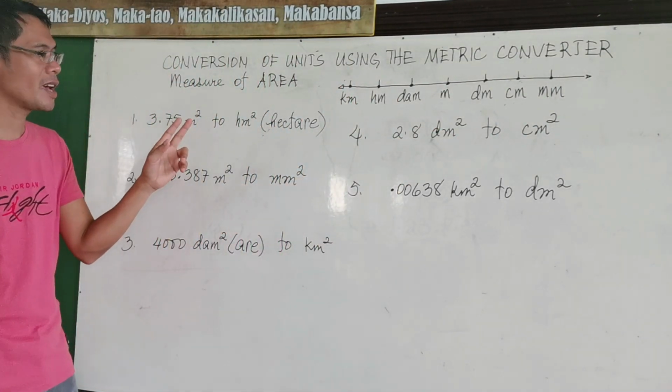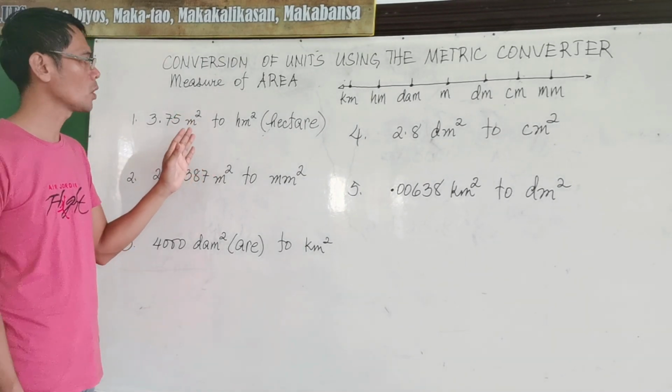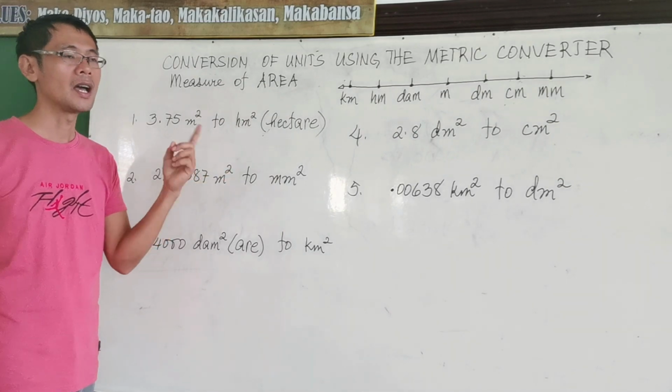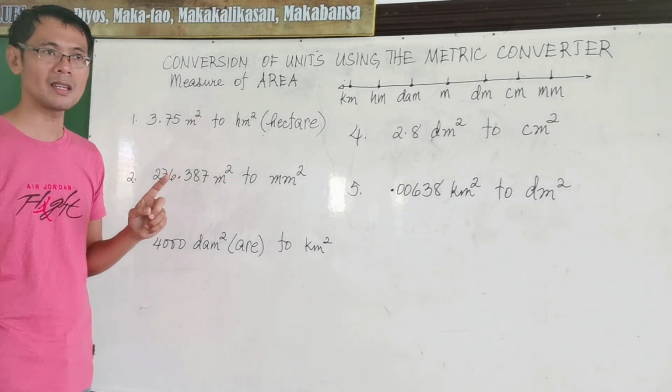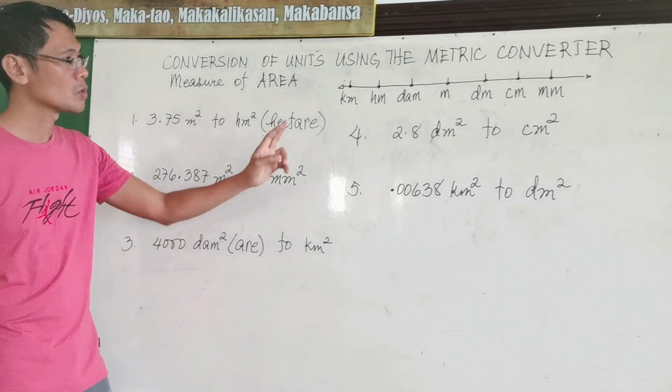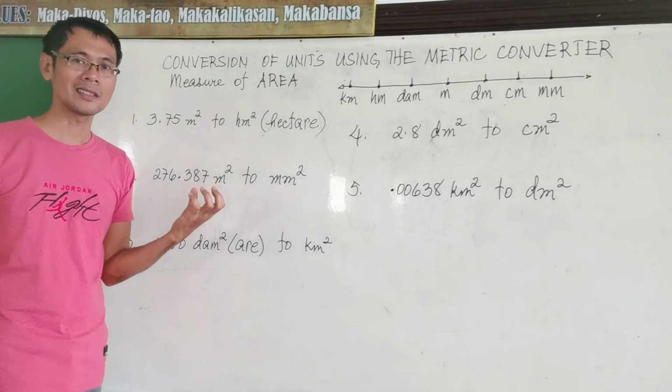Since there are 2 spaces going to left and since we are talking about measure of area, the number of spaces, we are going to multiply it by 2. So 2 spaces times 2, we will get 4.